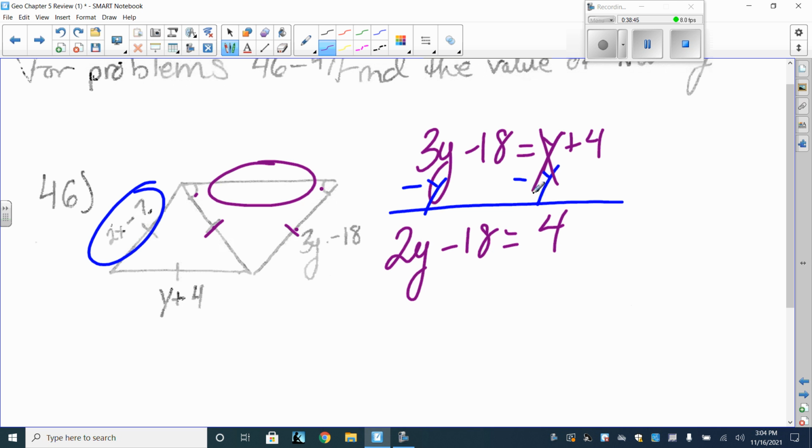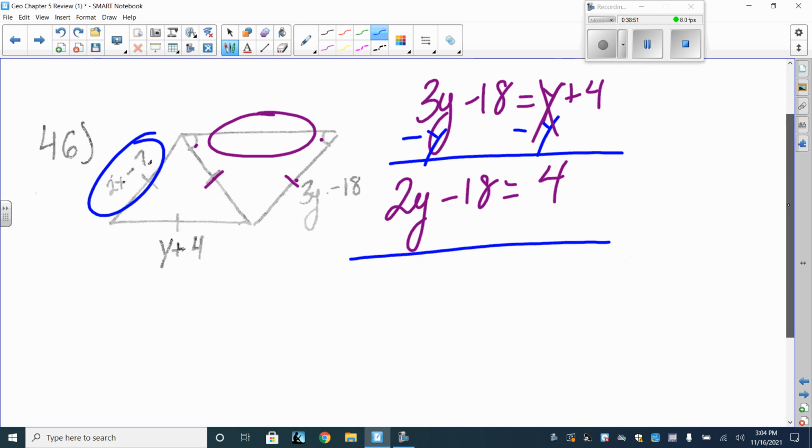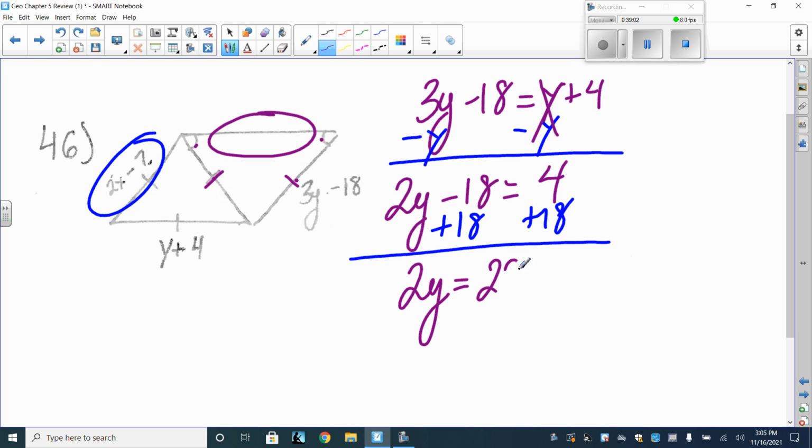2y? And then what can we do next? We can add 18 to both sides, guys, telling us that 2y is equal to 22.